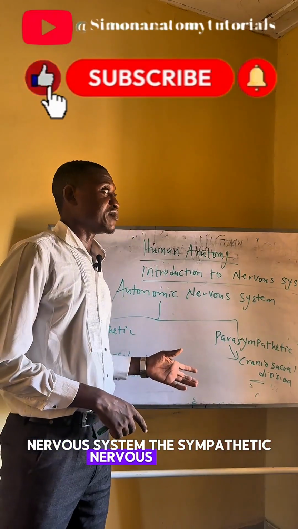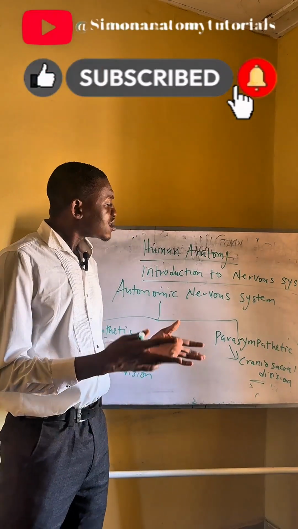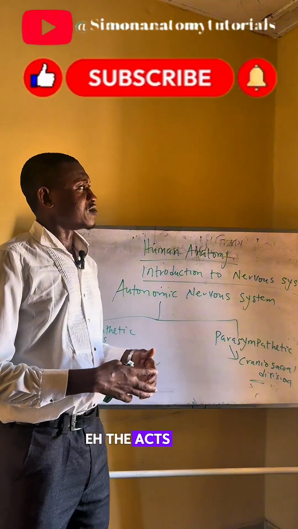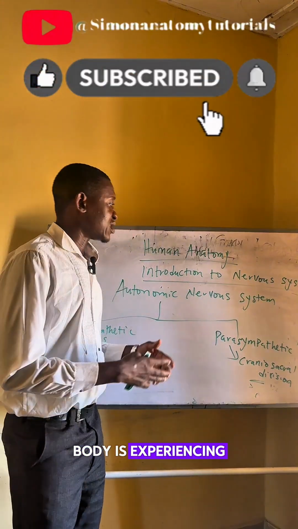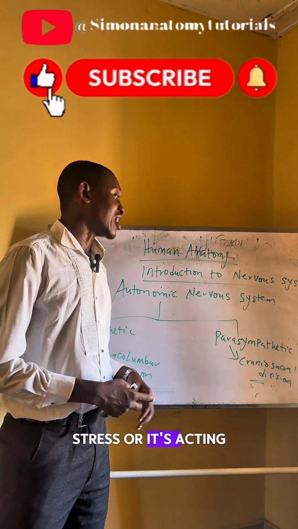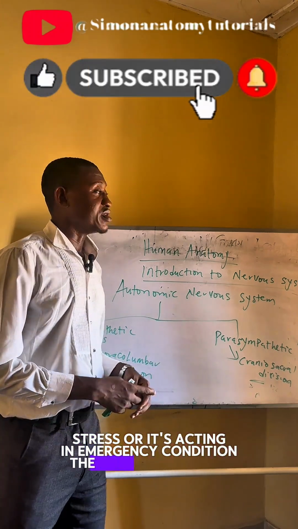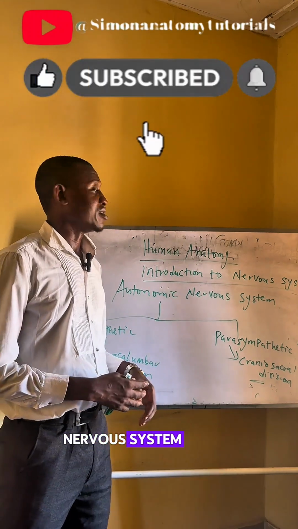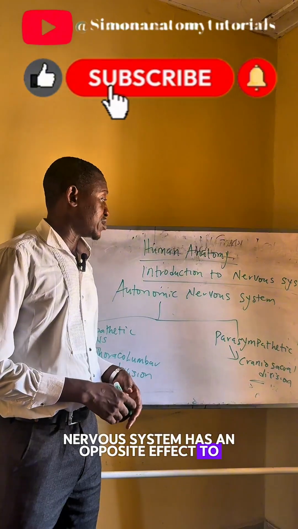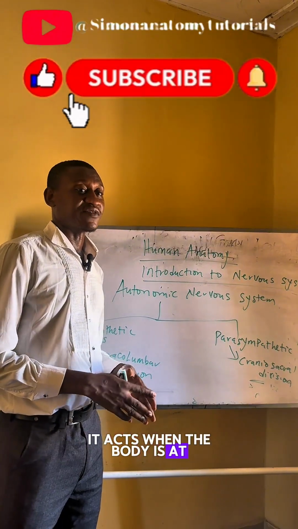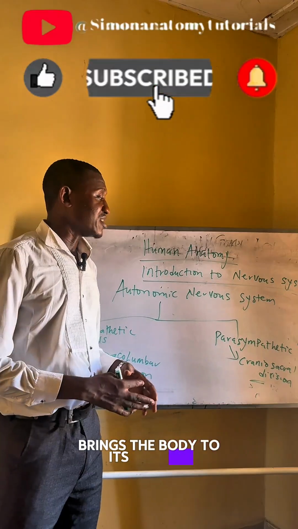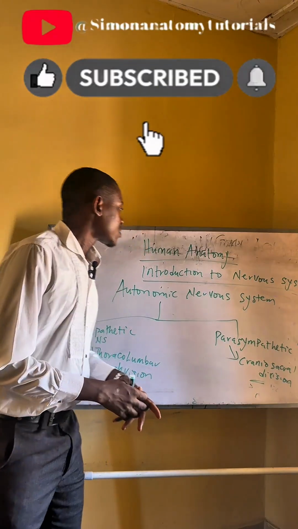The sympathetic nervous system acts when the body is experiencing stress, or during an emergency condition. The parasympathetic nervous system has an opposite effect to the sympathetic nervous system. It acts when the body is at rest. It brings the body to its normal state.